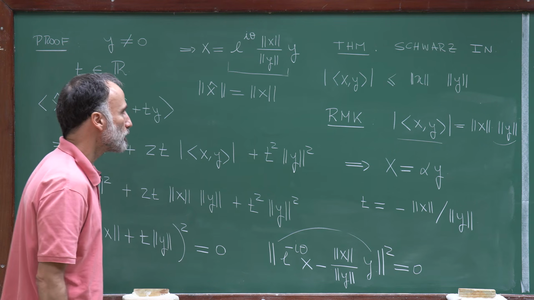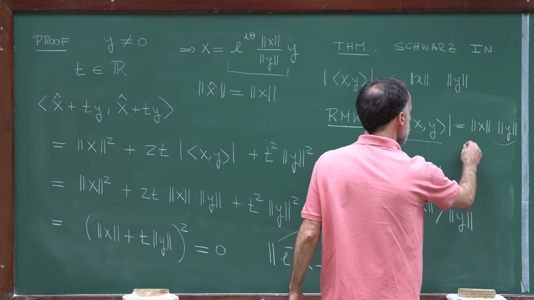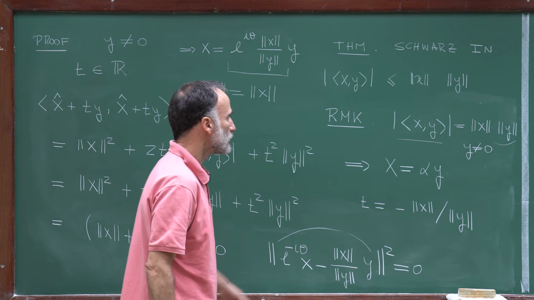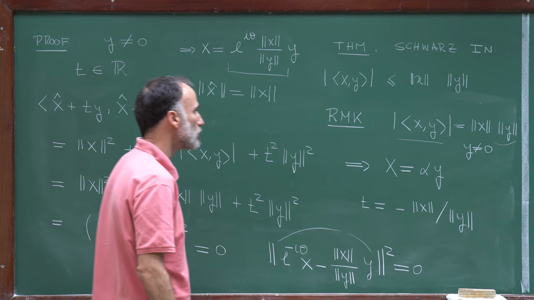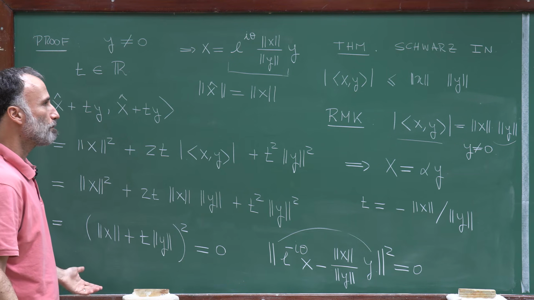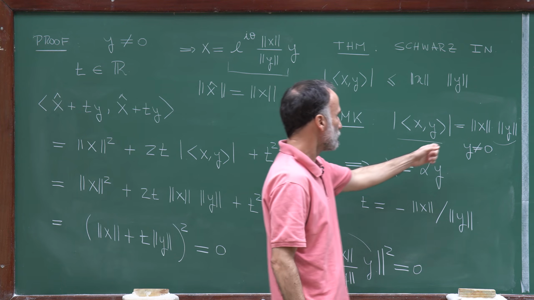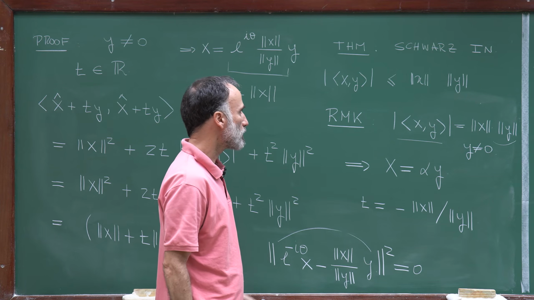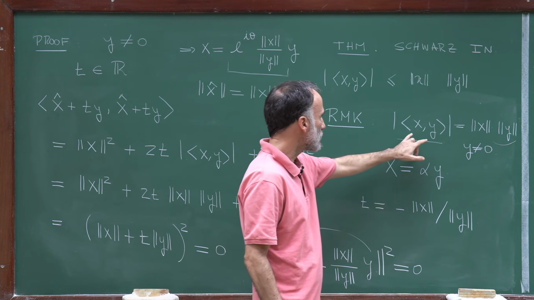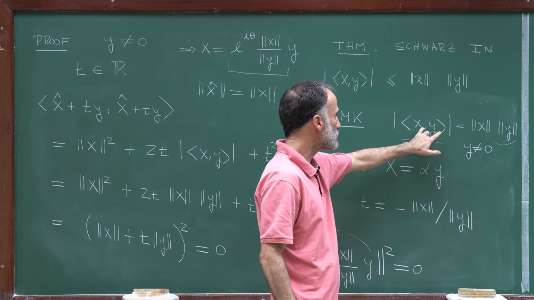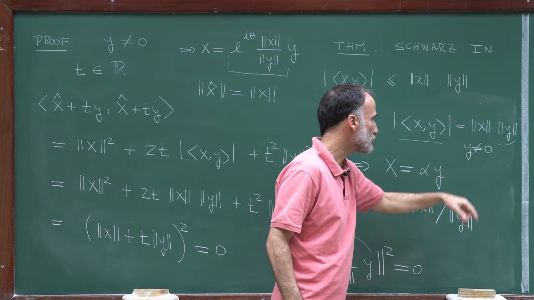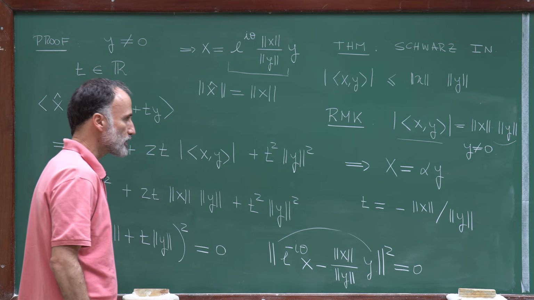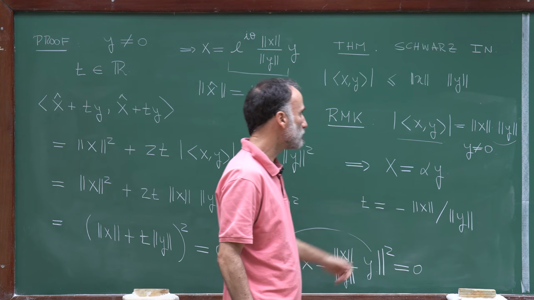What I'm saying is that if you have this identity for some y different from 0, this implies that x is equal to alpha y. This identity doesn't say anything if y is equal to 0. So my remark, again, I insist on that, is that if the absolute value of this scalar product is equal to this product for some y different from 0, then x is actually a scalar times y.